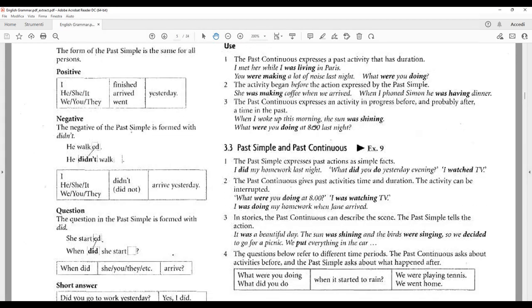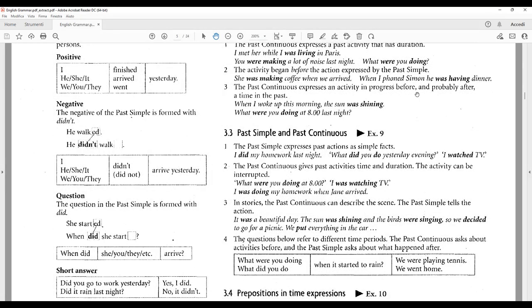The past continuous expresses an activity in progress before and probably after a time in the past. When I woke up this morning, the sun was shining.